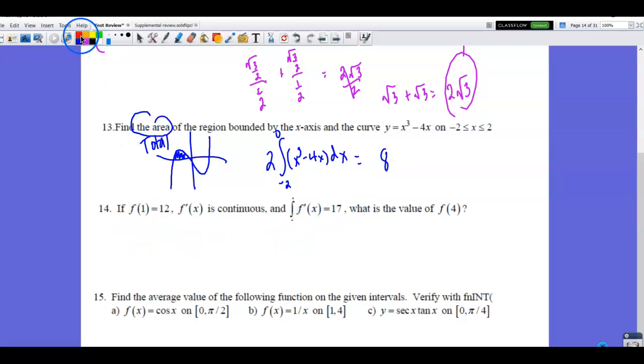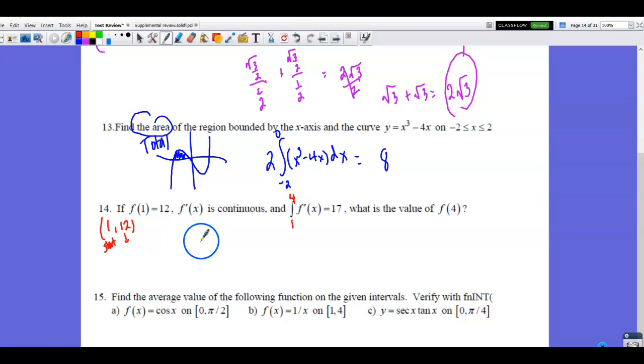Number 14 looks like we have an initial condition, so we have the point 1, 12. In other words, this is where we're going to start if we have to integrate, and this is the area accumulated. F prime of x is continuous, and mine is, what is that supposed to say? Let me look in the packet and see if I can see those numbers.